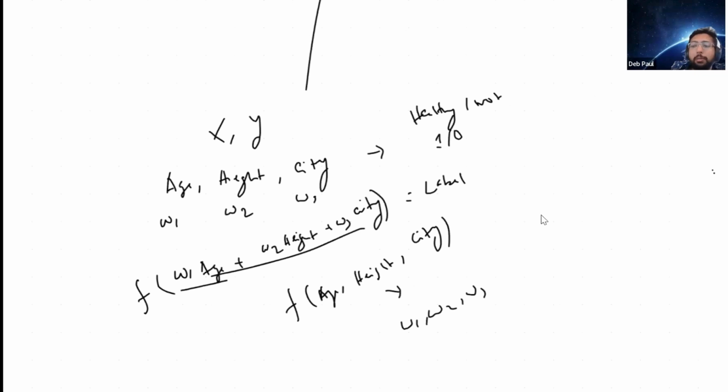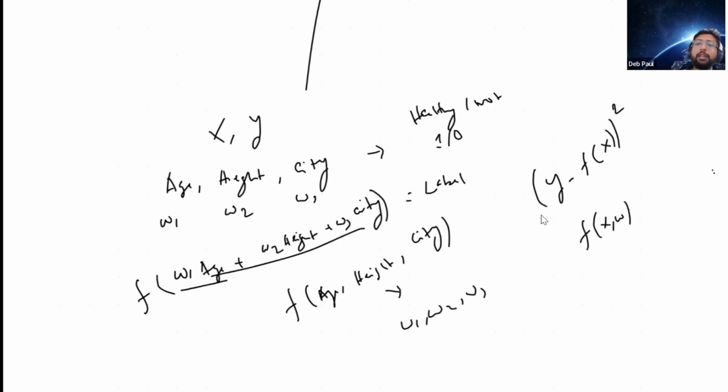And how do we learn these parameters? How do we actually estimate these parameters? This is usually the problem. Almost everyone that I talk to says you will take y and subtract it from f of x, where x are my features, and then take the square of this. f is a function of x and w.